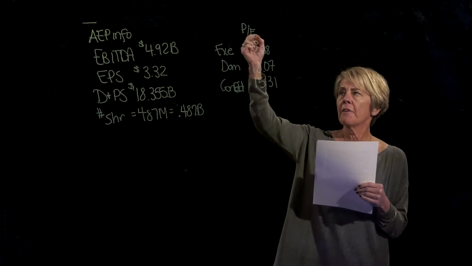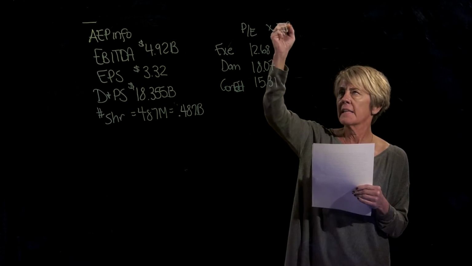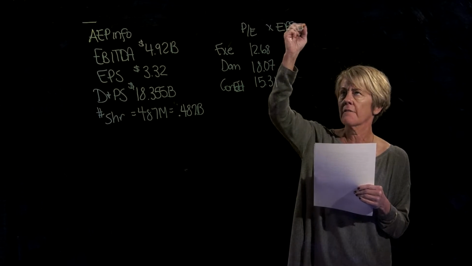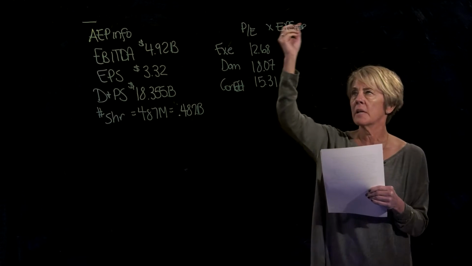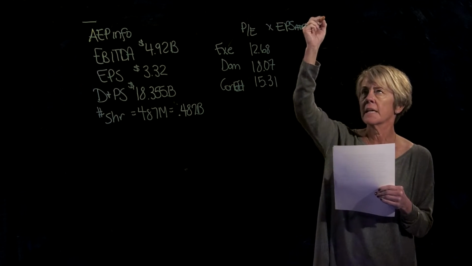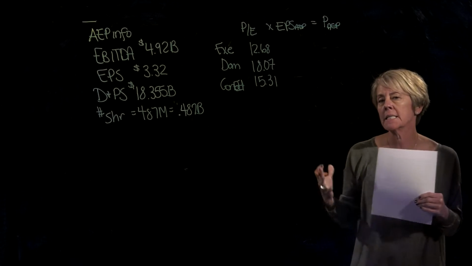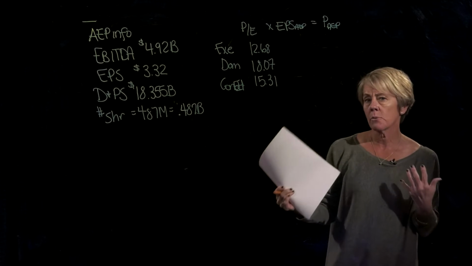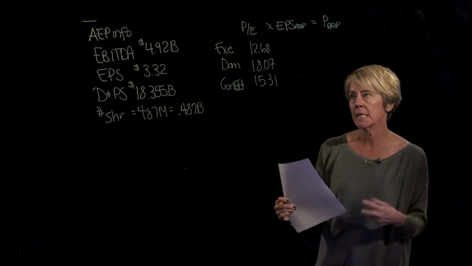If I take the PE for these comparable companies and multiply it by the estimate of earnings per share for AEP, you see that earnings per share cancels out, and what we're going to be left with is an estimate of the price for AEP. So this is a quick and easy way of coming up with a price range for AEP stock without having to know too much information about AEP itself.